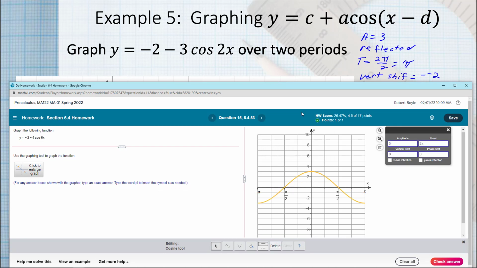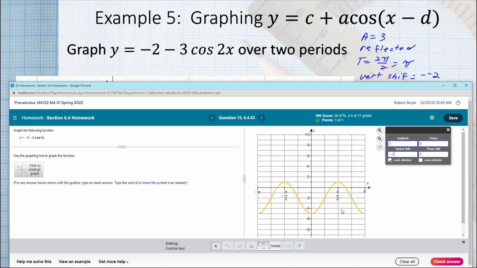We have a negative sign in front of the amplitude, so we are going to reflect across the x-axis to account for the negative sign. Okay, the period is pi, so we can just get rid of that 2 there. The vertical shift now is -2, so we are going to change this to -2. And there is no phase shift, so that stays the same.